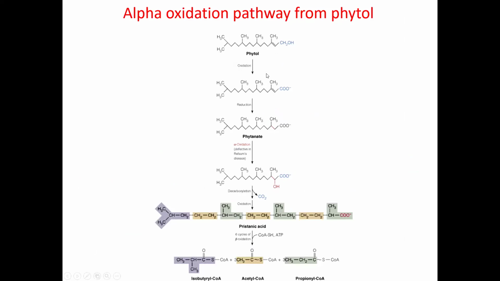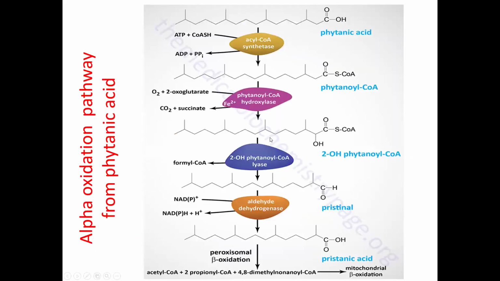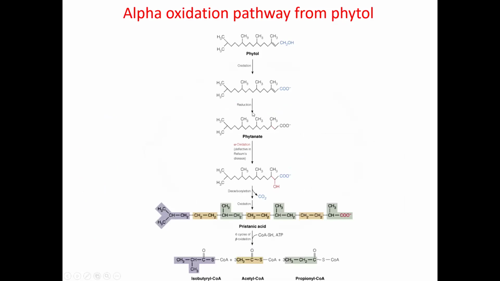First, this phytol will be oxidized. Then it will be converted into phytenic acid, this phytenate. Then reduction happens, and it is converted into phytanate.